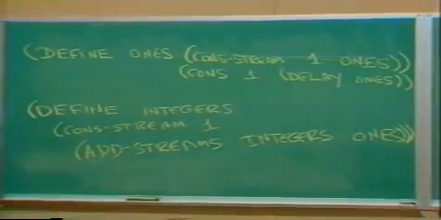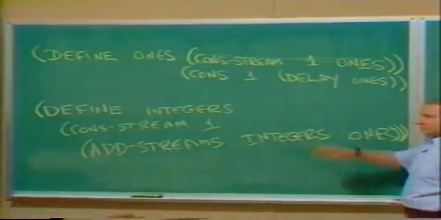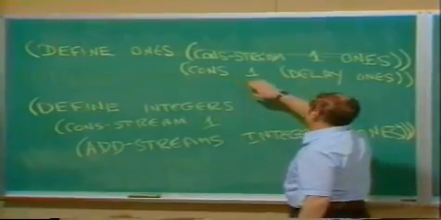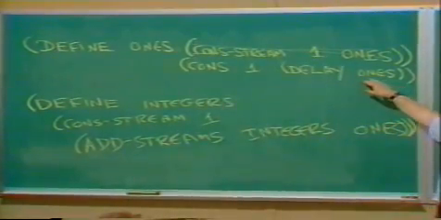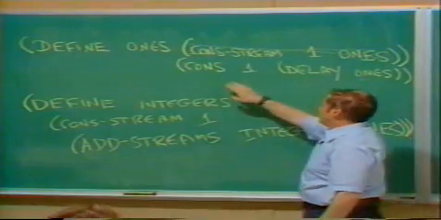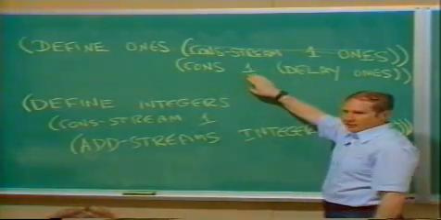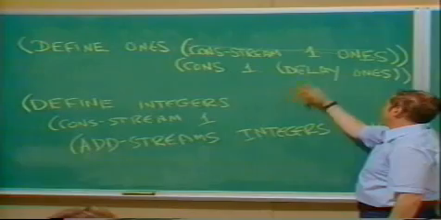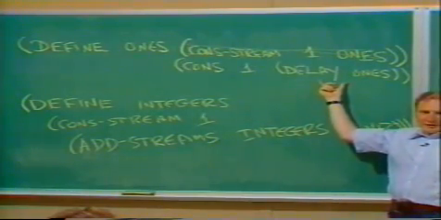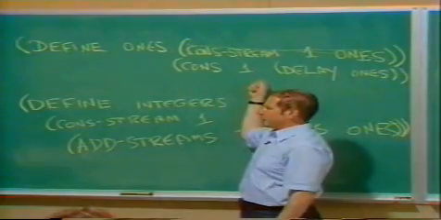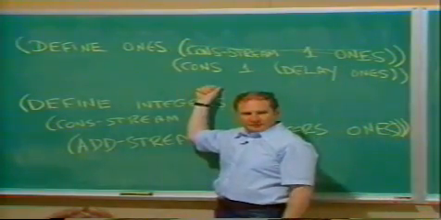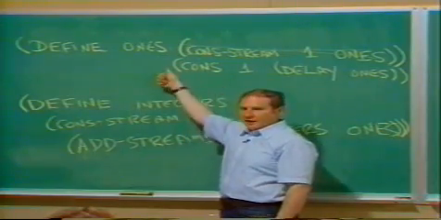So how does that work? You say, I'm going to define ones. First, I see what ones is supposed to be defined as. Well, ones is supposed to be defined as a cons whose first part is 1, and whose second part is a promise to compute something that I don't worry about yet. So it doesn't bother me that at the point I do this definition, ones isn't defined. Having run the definition now, ones is defined, so that when I go and look at the tail of it, it's defined.